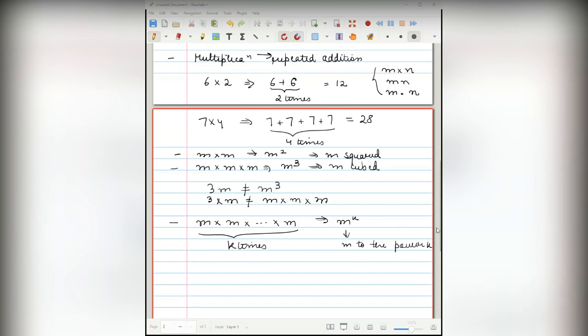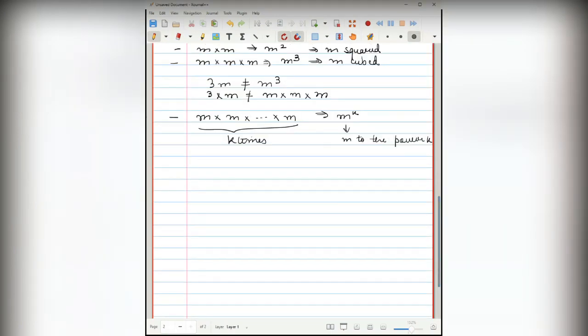Now let's see what division is. Let's say you have 20 apples and you have 5 friends. You give 1 apple to each friend: 1, 1, 1, 1, 1.